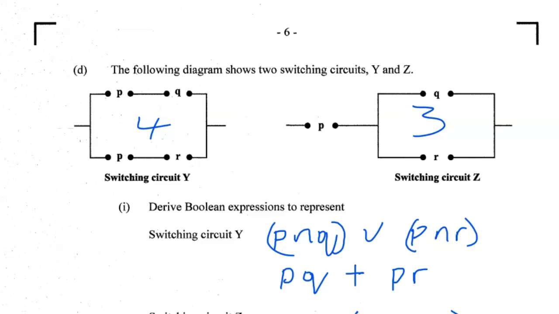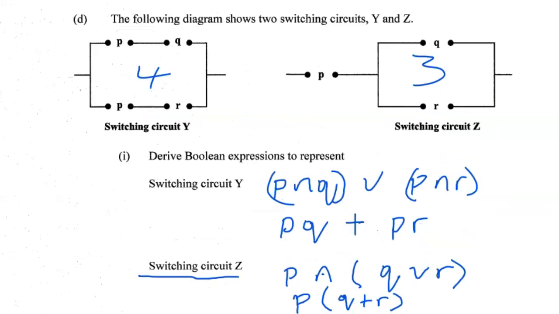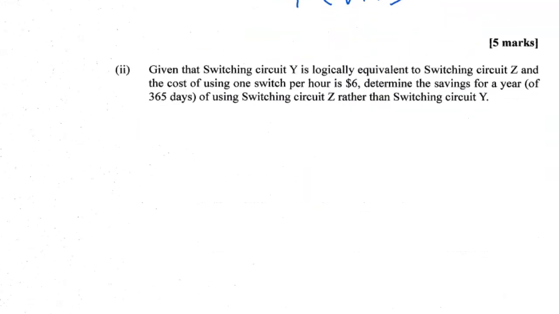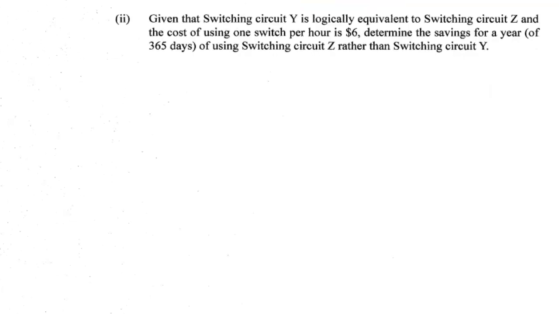So it would be more economical or cheaper to use switching circuit Z, since it is simpler and has one less switch. So if I'm using switching circuit Z, the amount saved, the cost of one switch is $6.